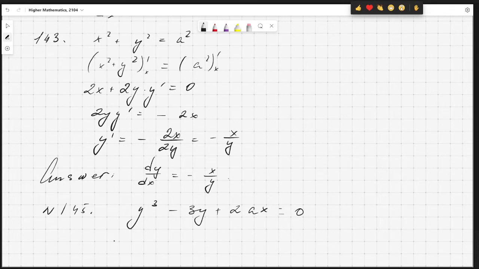Differentiate both parts. 3y squared y prime minus 3y prime plus 2a equals 0.